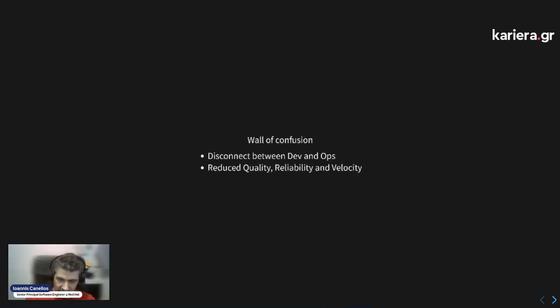And last but not least, we have to deal with the wall of confusion, which is a term that refers to the disconnect between devs, ops, security, and more, and pretty much describes the lack of DevOps culture, which is something that adds further issues and causes loss of quality, loss of reliability, and slows down the whole development process.